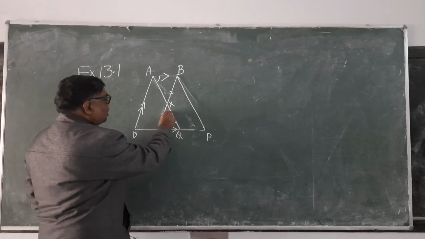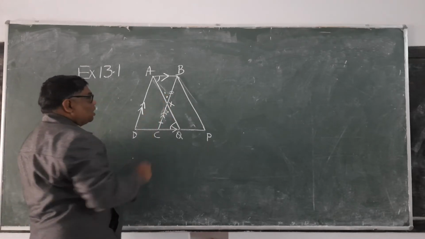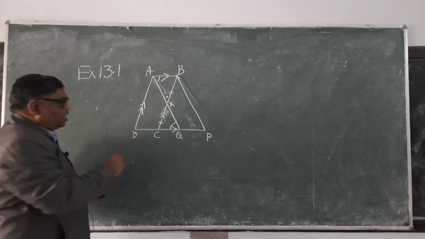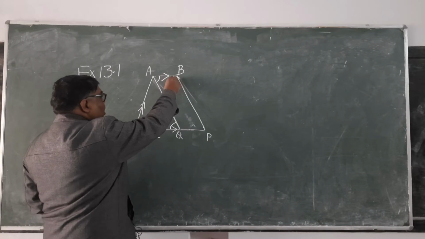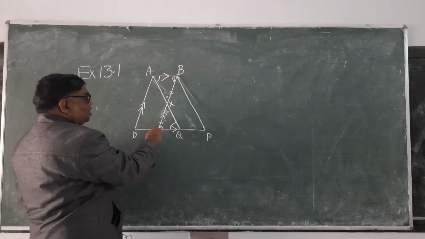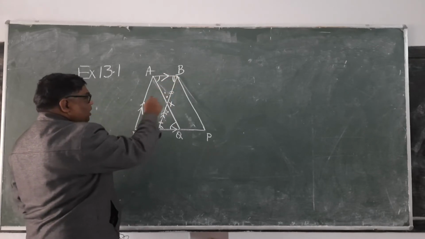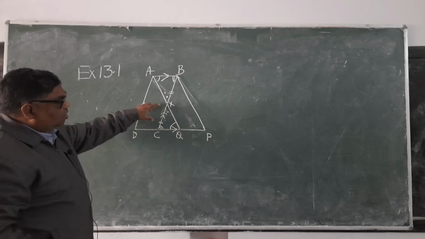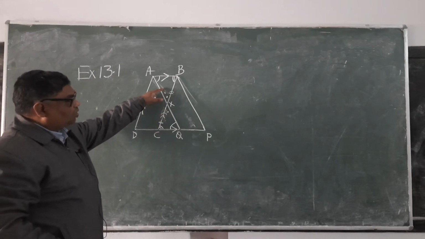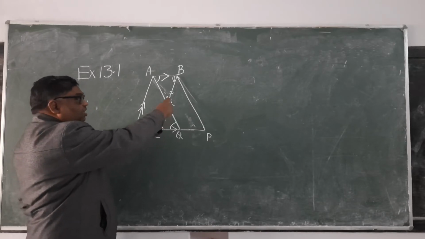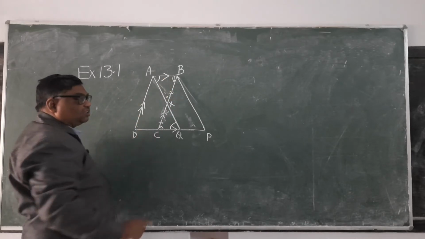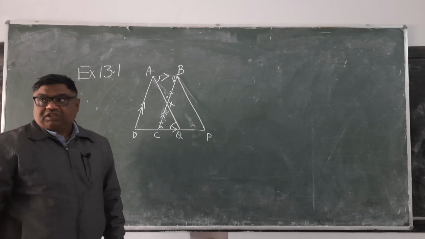Then this will be the vertical opposite angle, and this angle is also alternate. It is clear? CX equals BX. Therefore, this triangle is congruent to this triangle by which congruency? ASA. It is clear? By ASA congruency they are congruent.